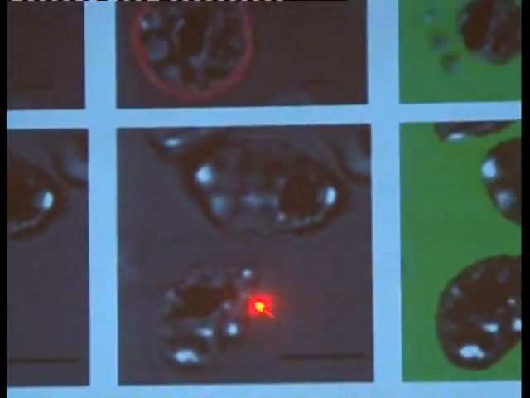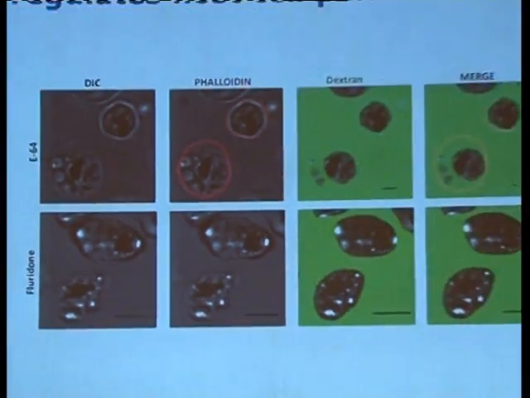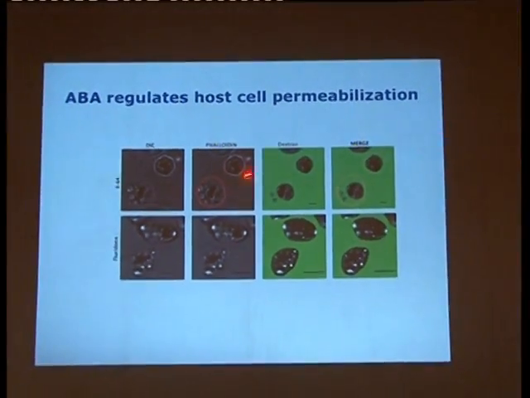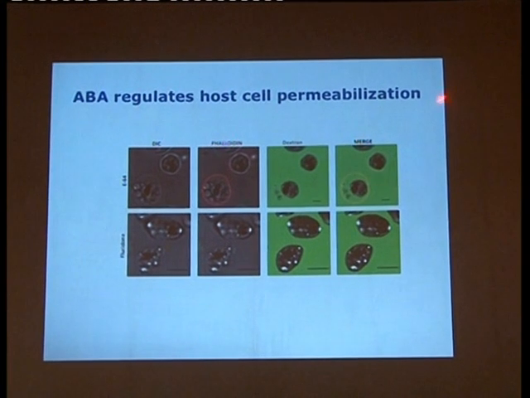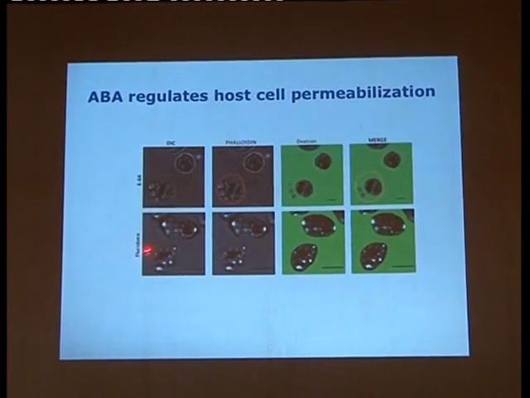When we analyze these parasites, they are not even permeabilized. You can see here there is no red staining from phalloidin, which you always see when the cells are permeabilized. So these cells treated with fluridone are not permeabilized, and here we have put dextran. Dextran will enter when the membrane is permeabilized, and you can see the dextran has entered here but not here.